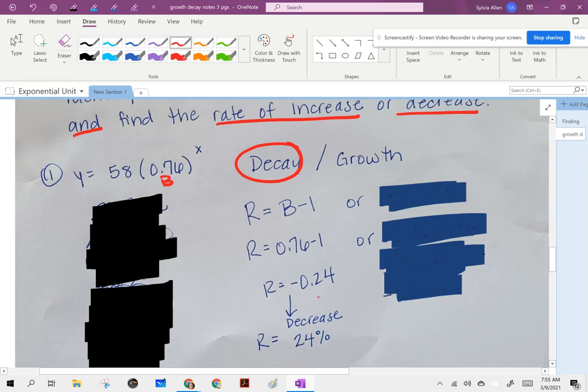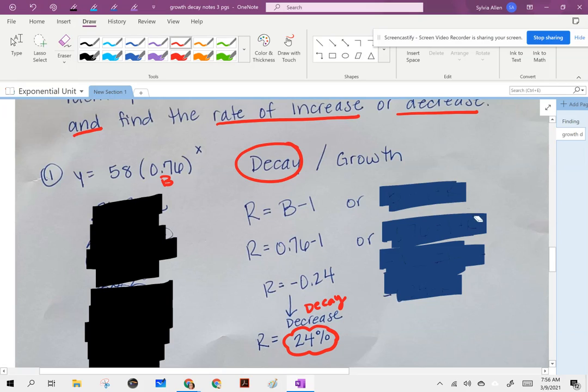Okay, so it's decreasing, which would indicate decay. And then the 0.24 in percent form is 24%.